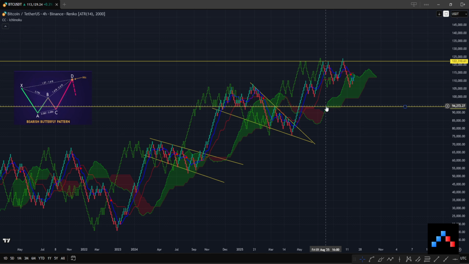So this gives a lot of confidence to this level, 93,794. So pay attention with the long, because right now we have a lot of bearish factors. As I said, it's not the end of the world. It's something that is natural. It's good for Bitcoin actually to come down for support and revisit this level.